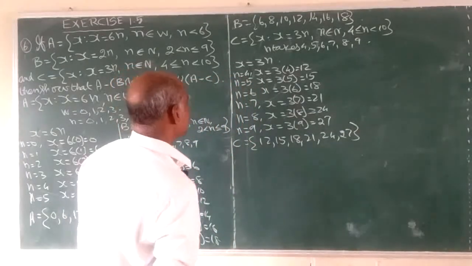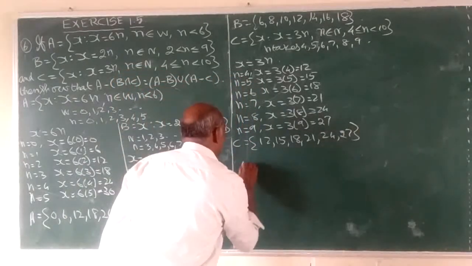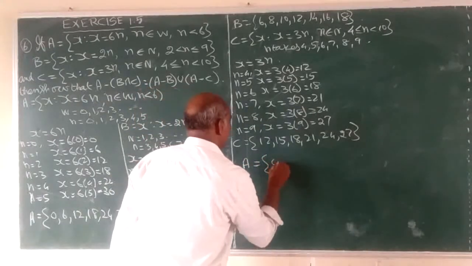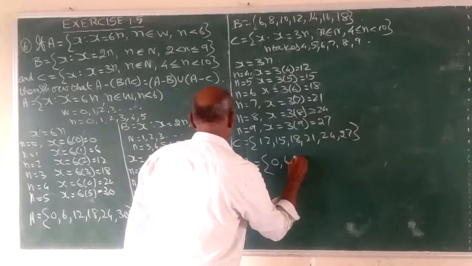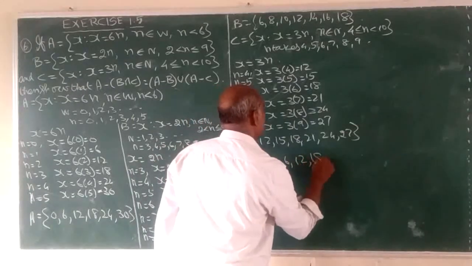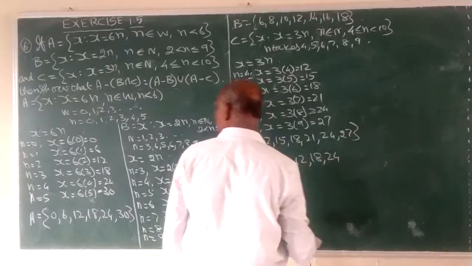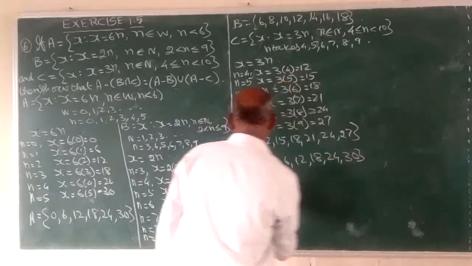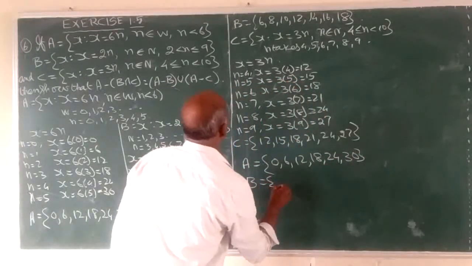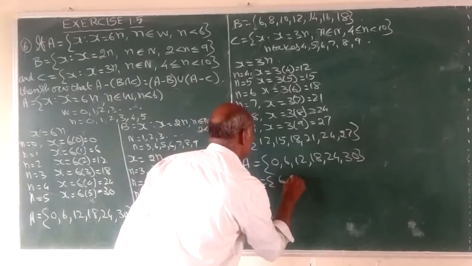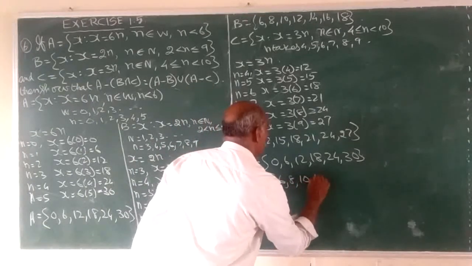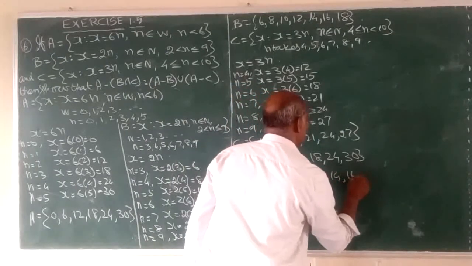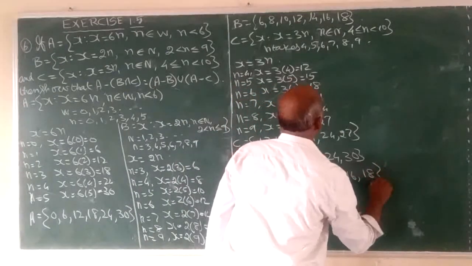Now write all the sets one by one. A is 0, 6, 12, 18, 24 and 30. B is the set 6, 8, 10, 12, 14, 16 and 18.